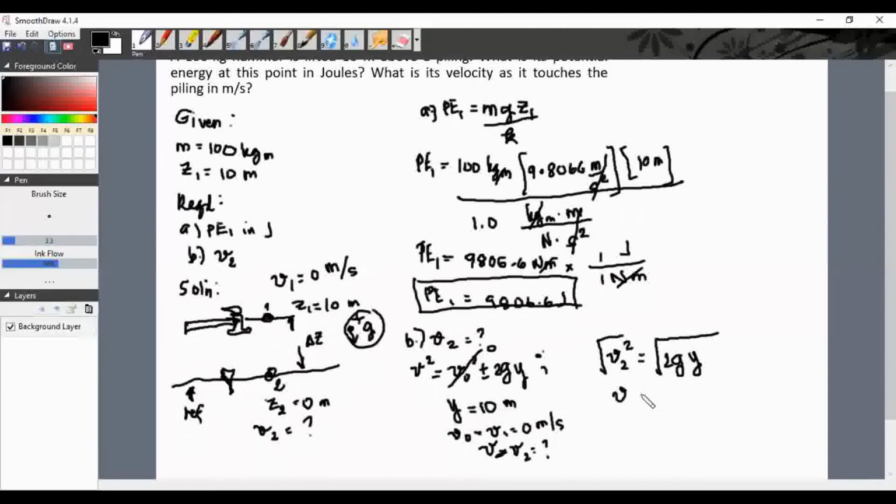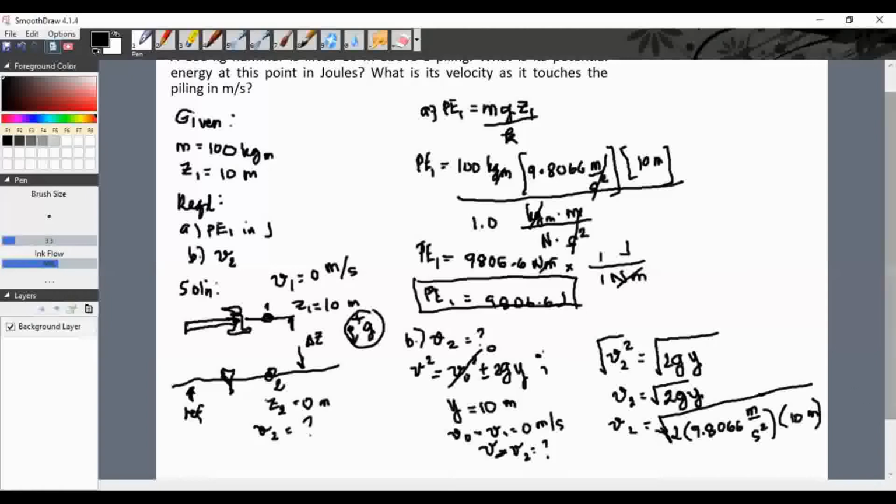V sub 2 is simply the square root of 2gy, or the square root of 2 times 9.8066 meter per second square times 10 meters.